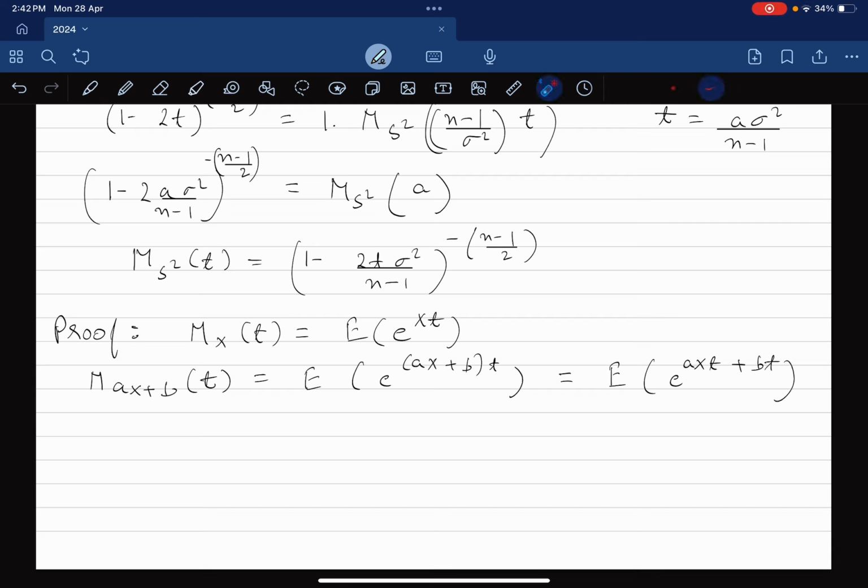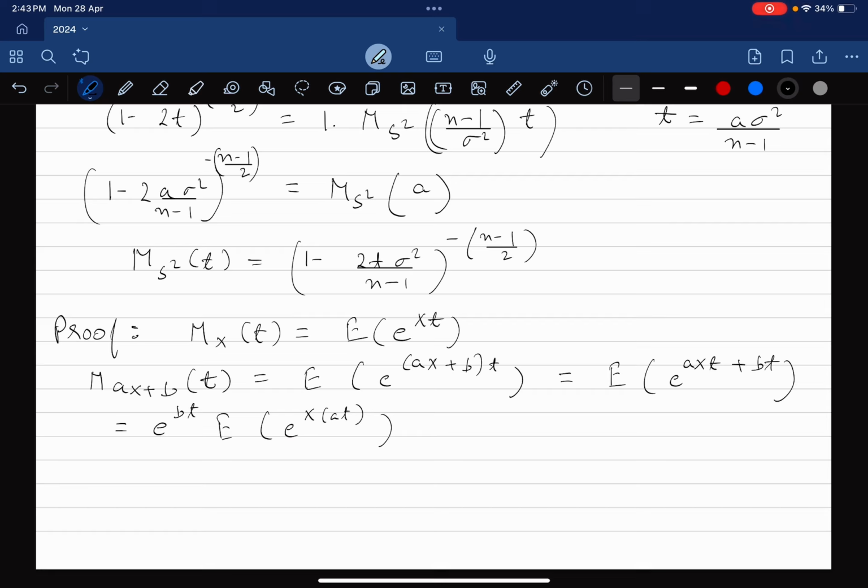Now bt is a constant, b is a constant, t is a constant, there is no variable x in it, so we can bring it out by property of expectation. E to the power bt, E to the power axt.